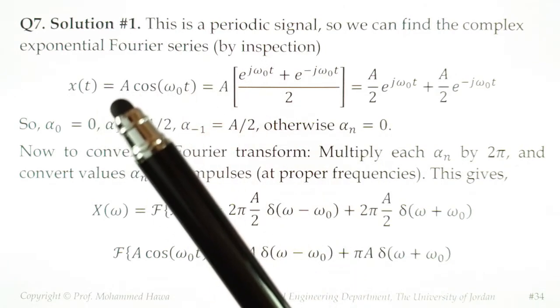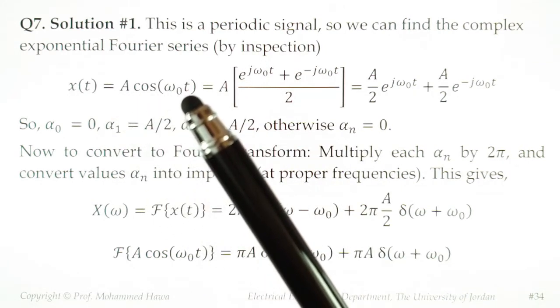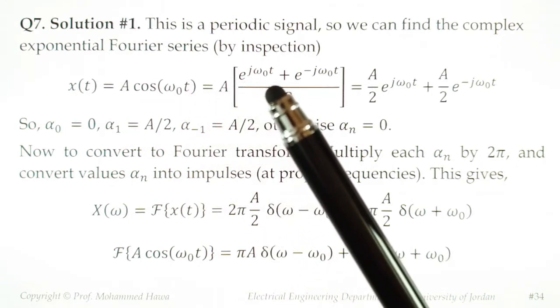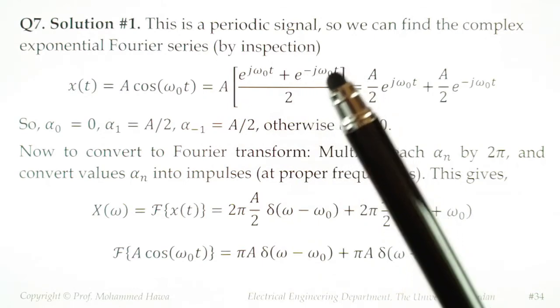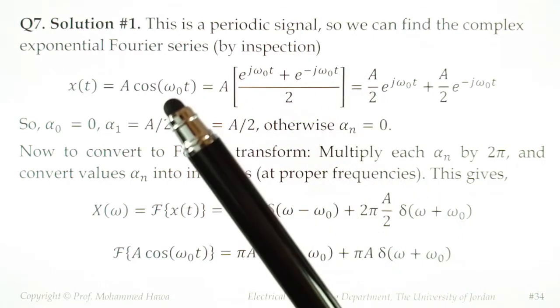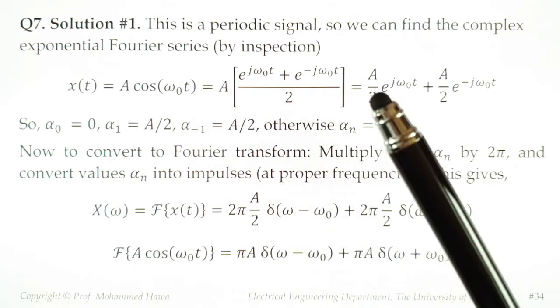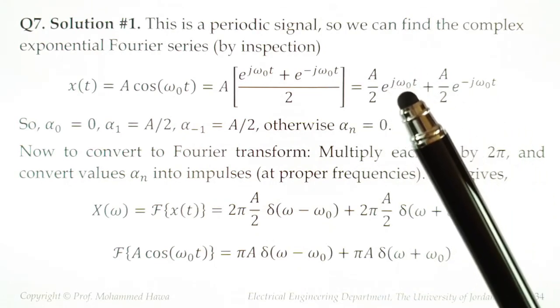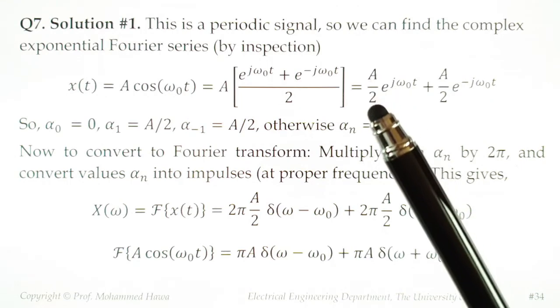Because this signal x of t equal a cosine omega naught t can be written using Euler's identity as a times (e to j omega naught t plus e to minus j omega naught t) over 2. So this cosine is simply two exponentials. And this exponential with the frequency omega naught has an amplitude a over 2.